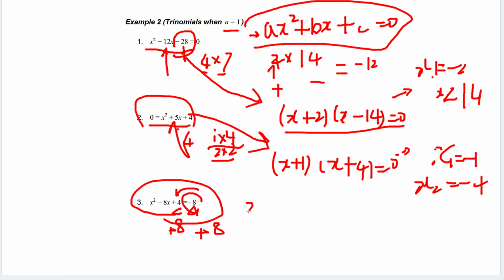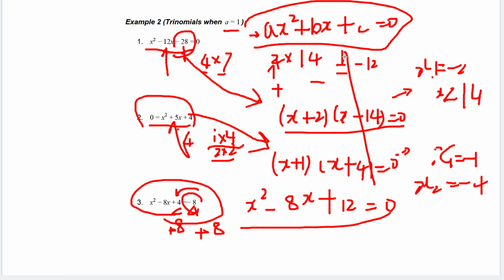So now the left side is x squared minus 8x plus 12, since 4 plus 8 is 12, and the other side is negative 8 plus 8, which is 0. Now we get the same form as before, right?